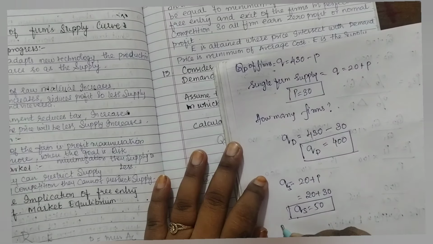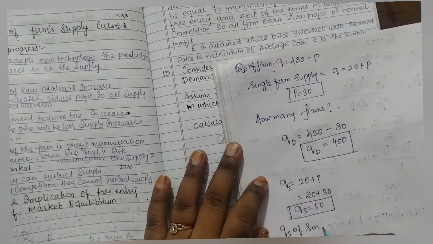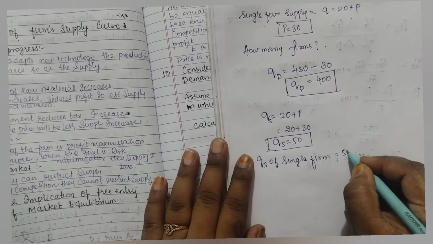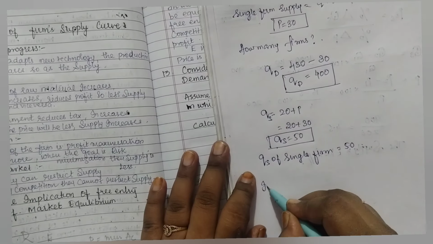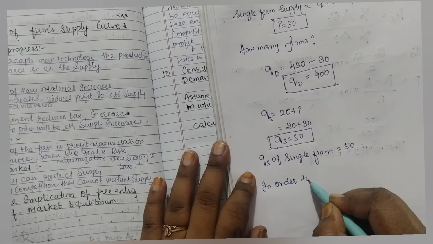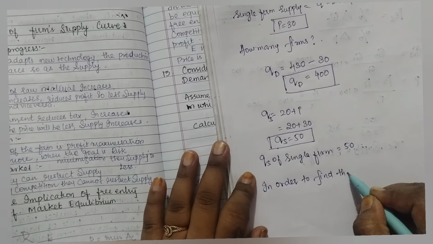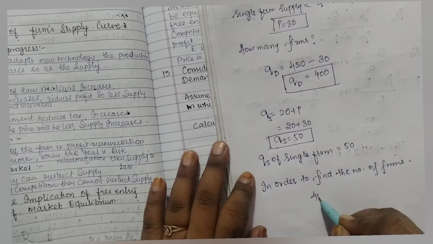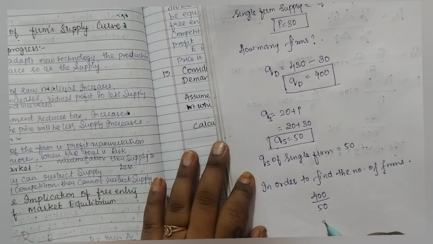So the quantity supplied by a single firm is equal to 50. In order to find the number of firms, what do we need to do? 400 divided by 50 is equal to 8.